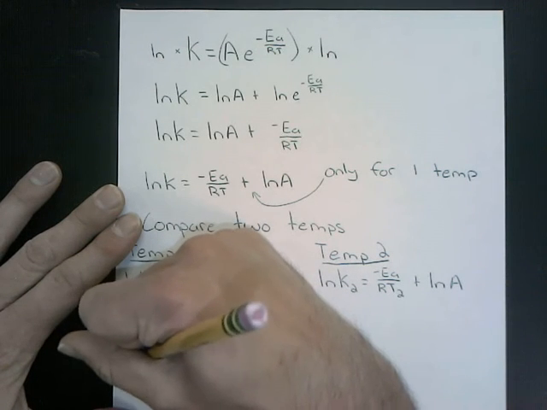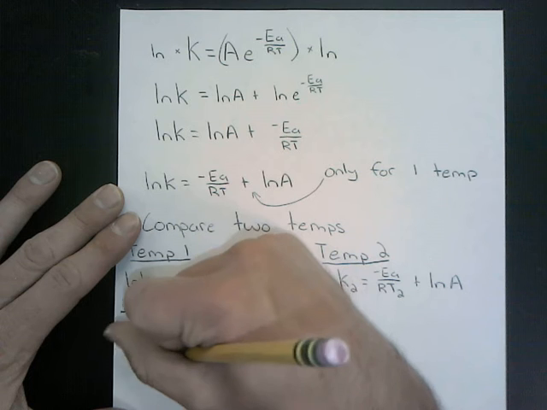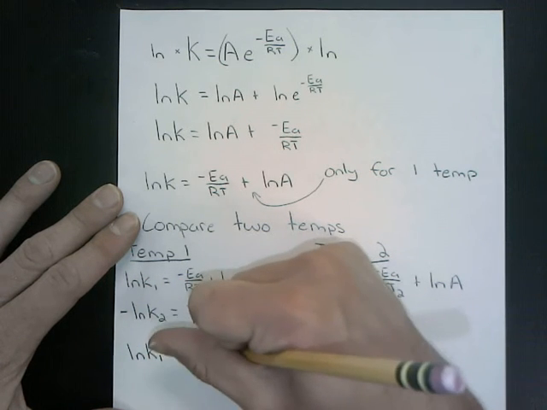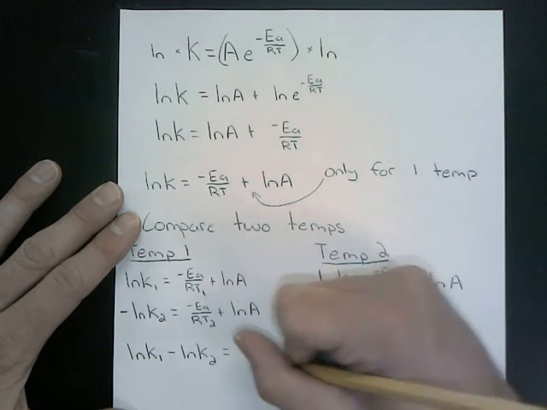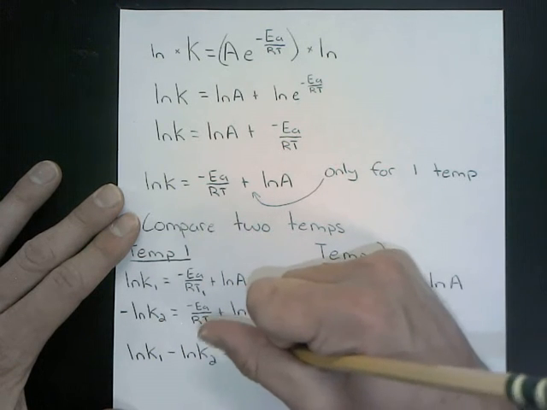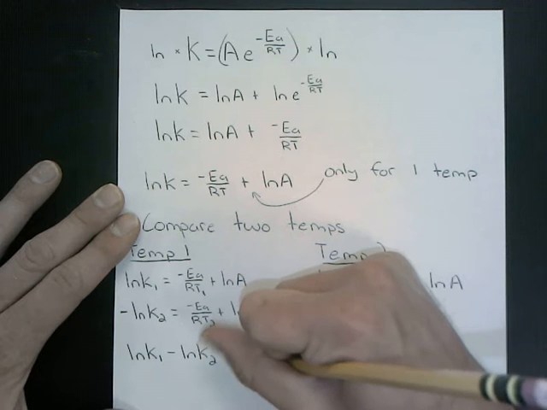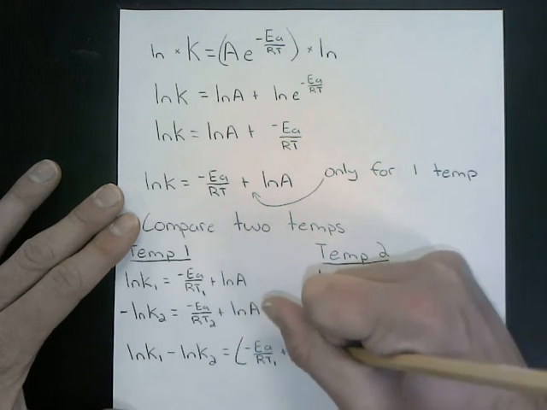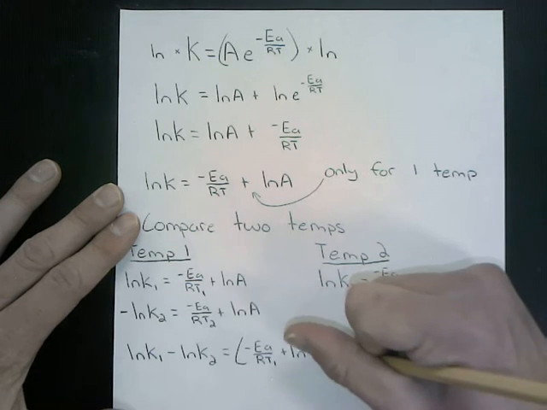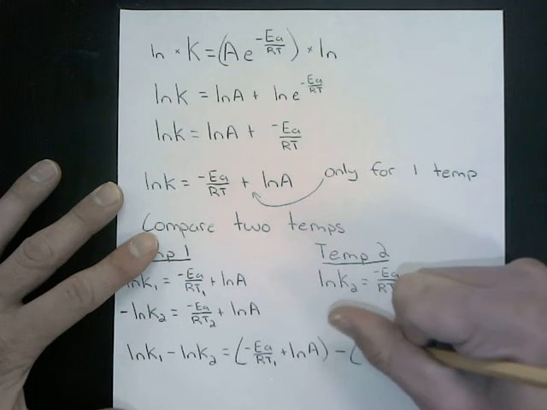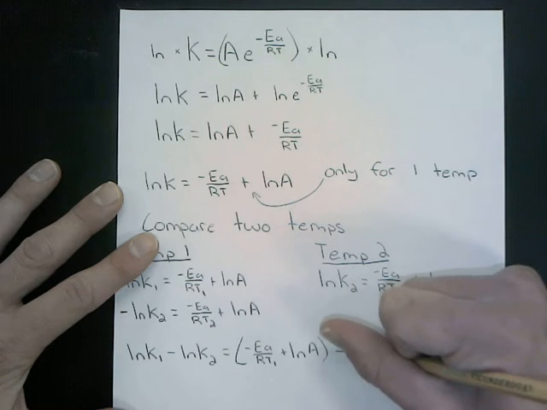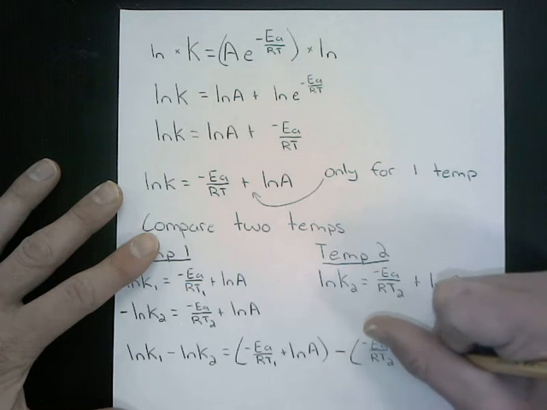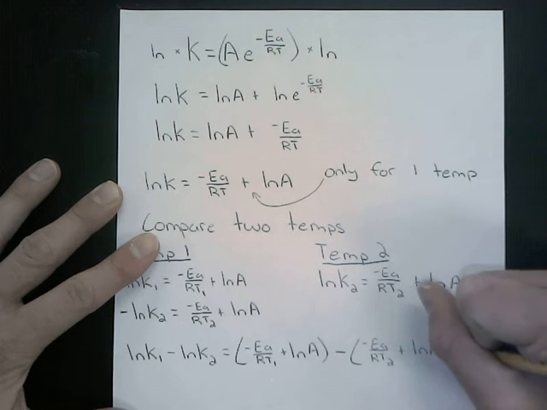We would get the natural log of k1 minus the natural log of k2, all set equal to the negative Ea over R times T1 plus the natural log of A, minus negative Ea over R times the temperature 2 plus the natural log of A.